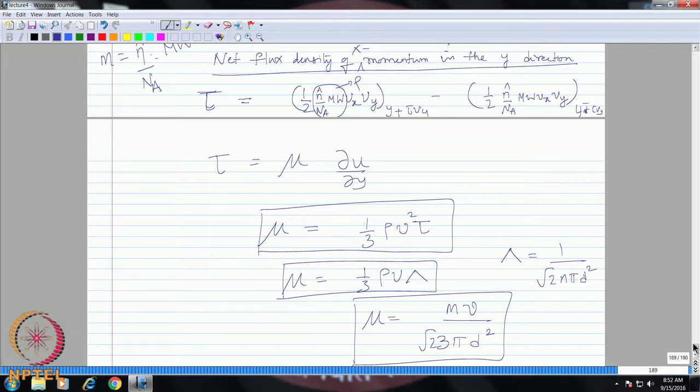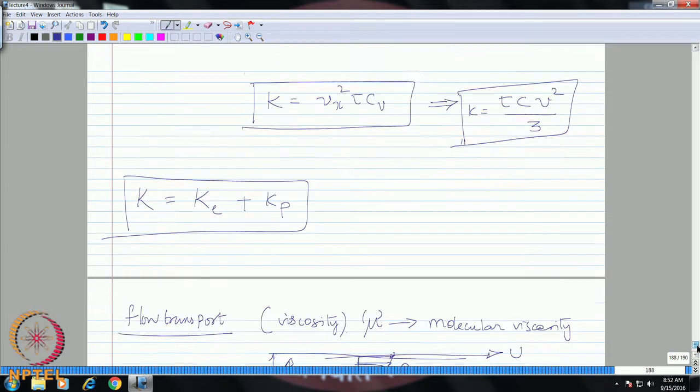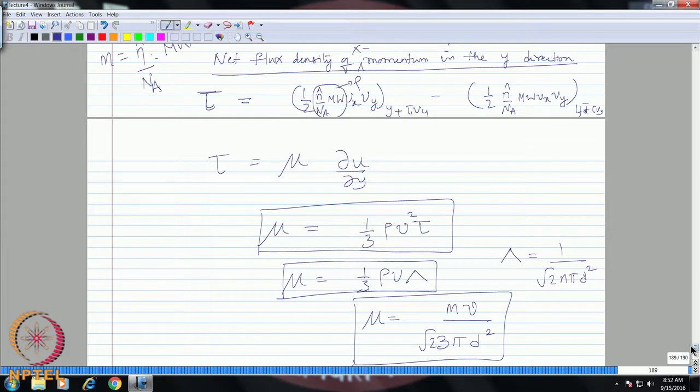With what? With density, right. In molecular viscosity you have density appearing here in place of heat capacity for thermal conductivity, right. So, that is the one change which is making all the difference in the properties. One is a fluid property, the other is the heat property, right.